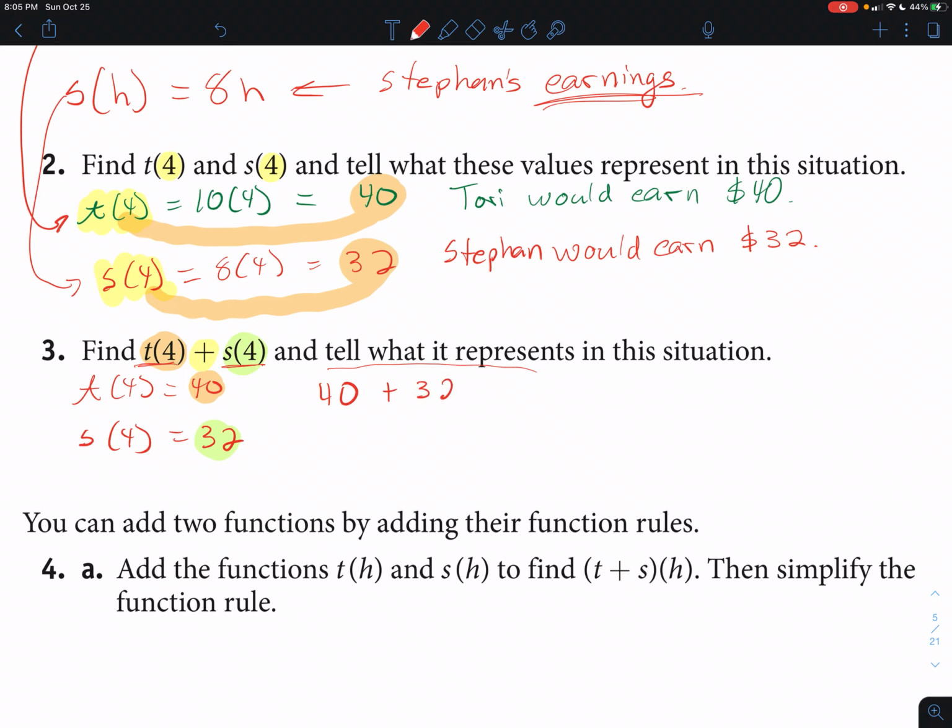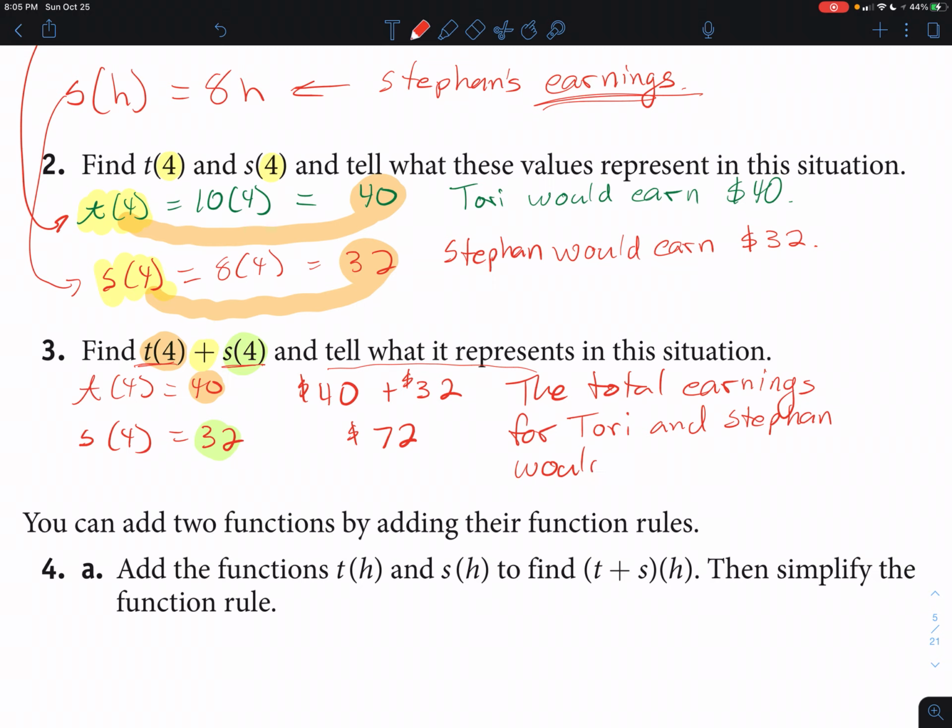So we have 40 plus 32, which is going to give us 72. So Tori's earnings plus Stefan's earnings is a total of $72. The total earnings for Tori and Stefan would be $72.